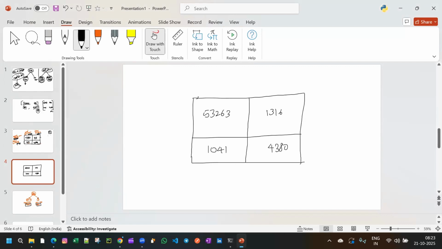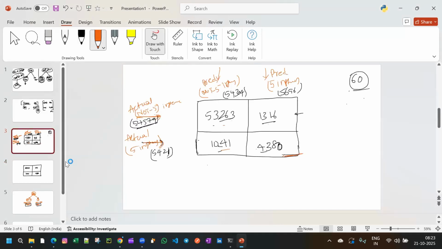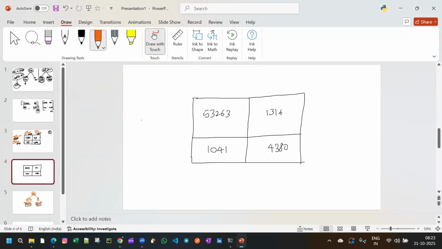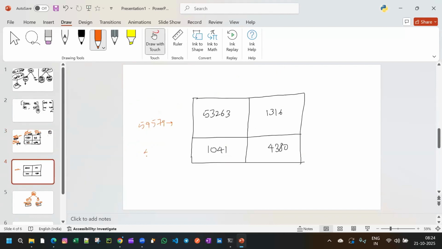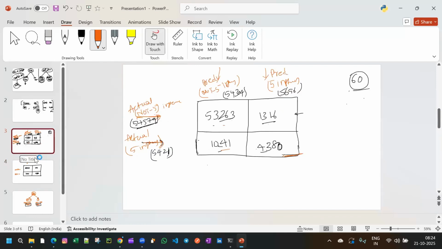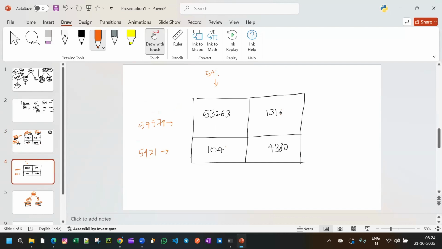And this is my actual, how many values are 54579, 5421, 54304, and 5696.